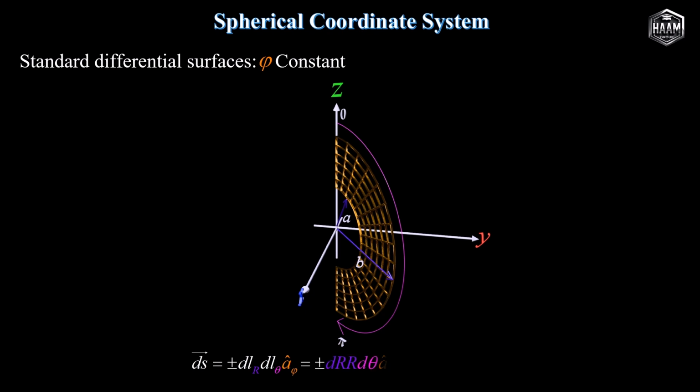Therefore, substituting the dl's, this becomes ds equals plus or minus d capital R times capital R times d theta times a hat sub phi, which can be simplified to plus or minus capital R d capital R d theta a hat sub phi.